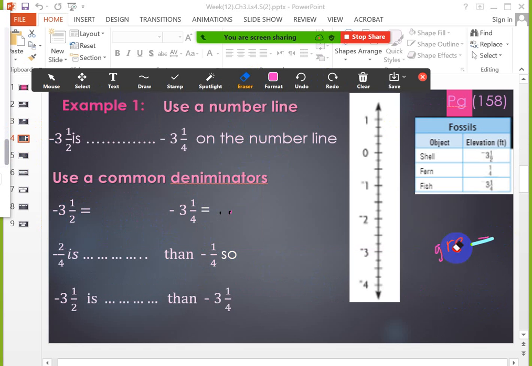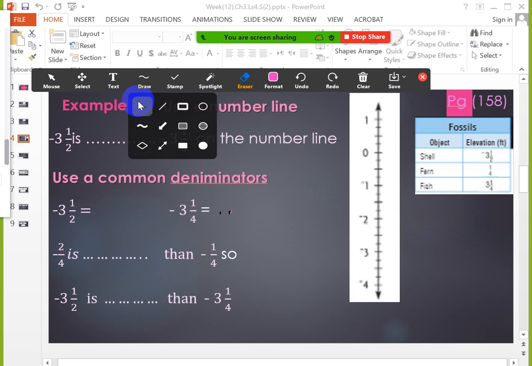Look, in this example, I have an example about evaluation. And I have to compare between the evaluation for three fish.